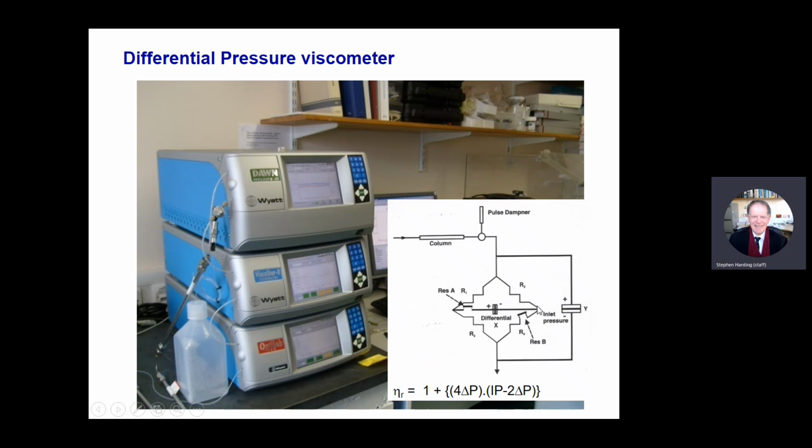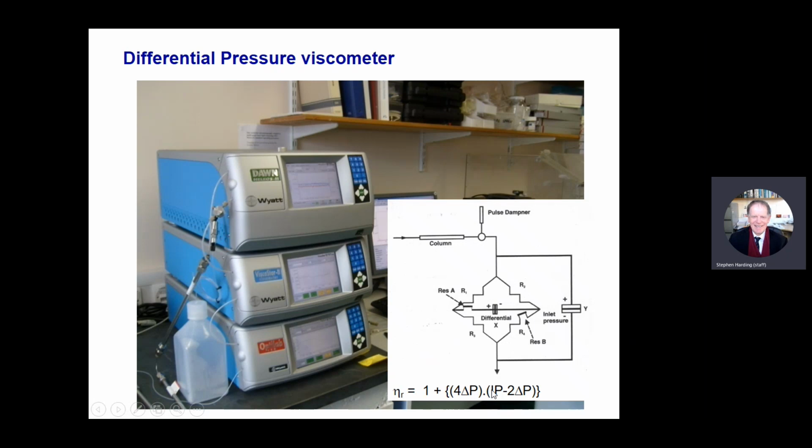And instead of measuring flow time differences, you measure what's called a pressure drop difference. And the relative viscosity is related to this pressure drop, delta P.